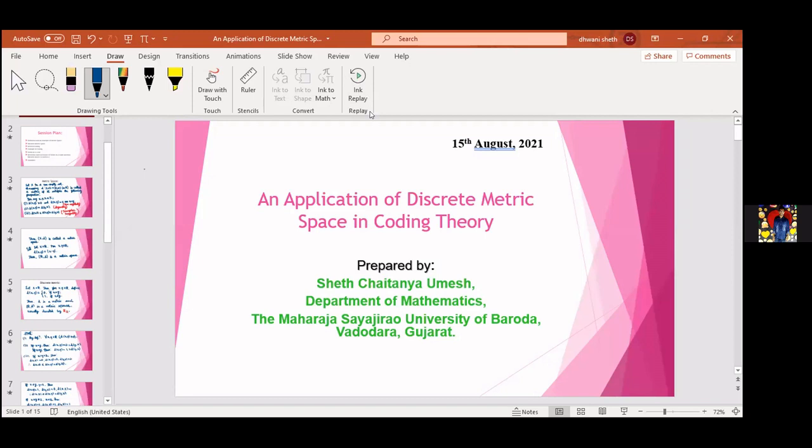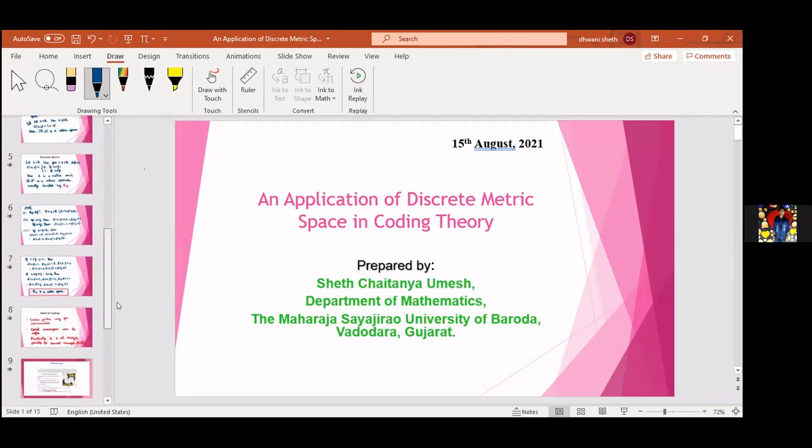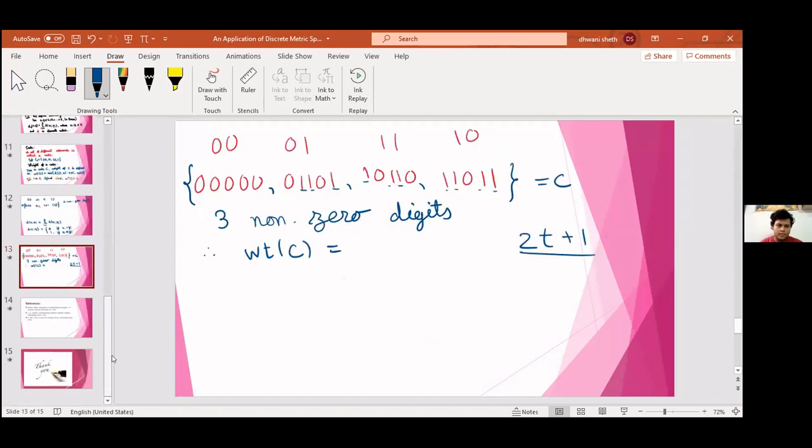Chaitanya, can you go to the last slide? I have to ask something. Slide number 13, I think. Yes, this is 13. Actually, those annotations I did not save. Okay. So my question is, after the transmission, the code that you have written has a total of 15 digits, right? Yes.